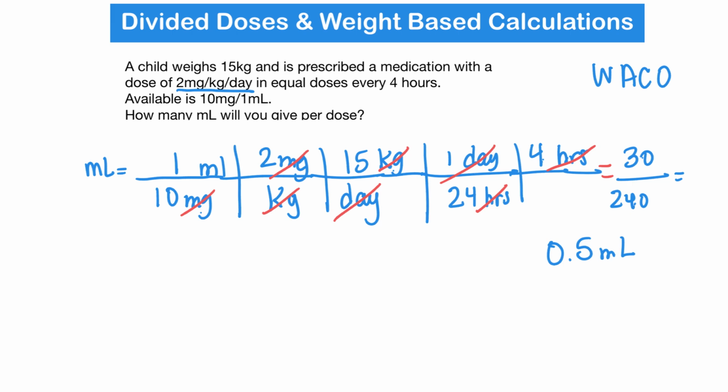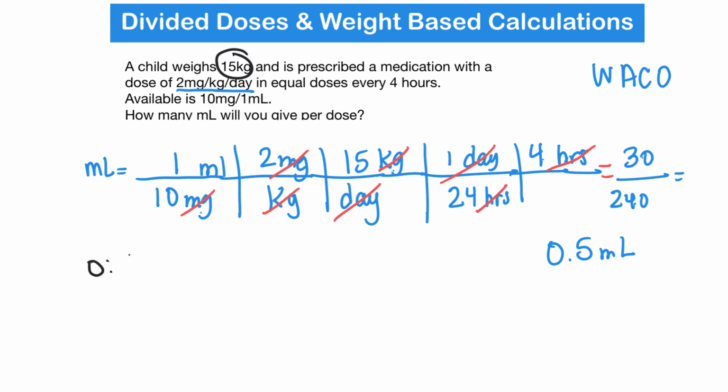All right, so that was method number 1. The second way we can look at this is doing it differently by taking our weight. And notice our weight is in kilograms already. If it was in pounds, we'd have to convert that. But let's just figure out what our dose is ordered. I'm going to figure out what's ordered.